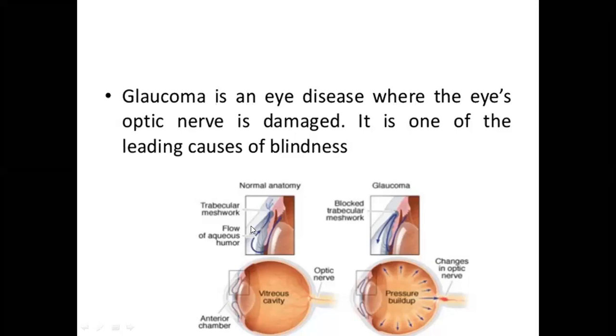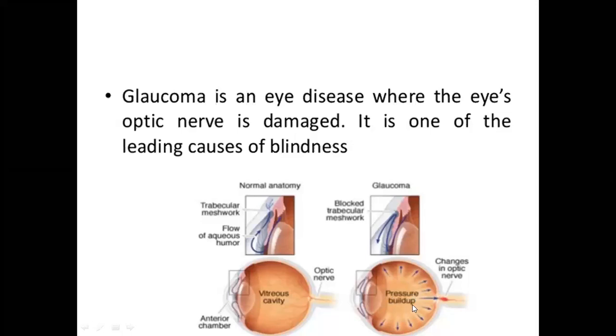So we have two types of glaucoma. So this is the trabecular meshwork. This is the flowing of the aqueous humor from the posterior chamber to the anterior chamber बेटा, ठीक है. और आप देखेंगे कि यहाँ this is normal anatomy, and in this picture the pressure is raised. Whether it is closed angle or open angle, whatever the cause, it is raising the pressure inside the eyeball.